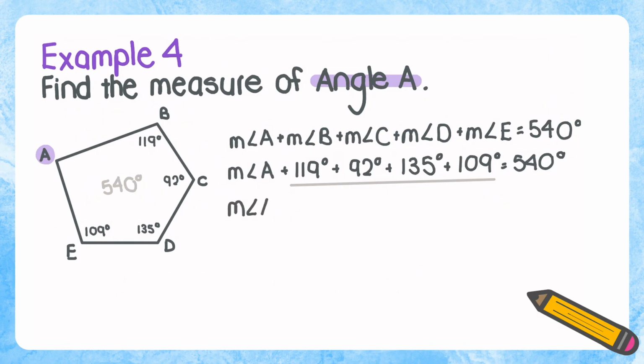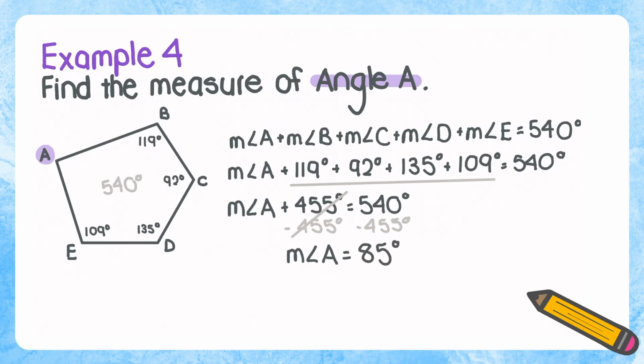We have the measure of angle A plus 455 degrees equals 540 degrees. To solve for the measure of angle A, let's subtract 455 degrees from both sides. This cancels out, and we solve that the measure of angle A equals 85 degrees, since 540 minus 455 is 85. So the measure of angle A is 85 degrees.